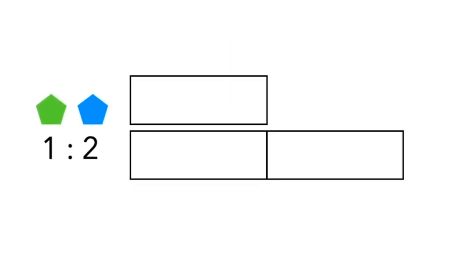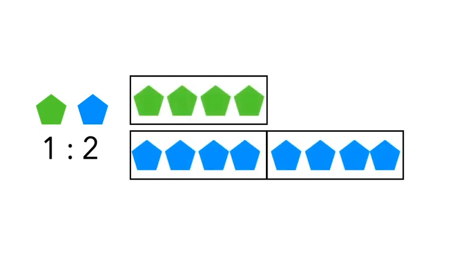So now we have our simplified ratio, we could look at it in terms of the boxes that we started with when we were talking about the concentrate and the water. And you can see that all the parts are the same size. So in our original question, we had 4 parts in every single box, giving us 4 green shapes and 8 blue shapes.